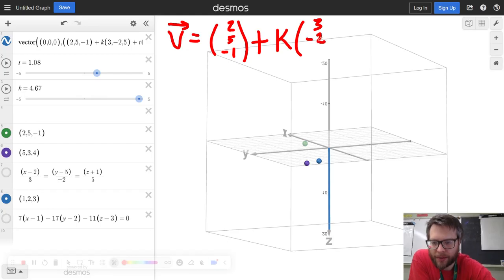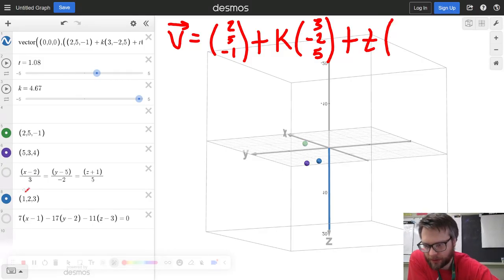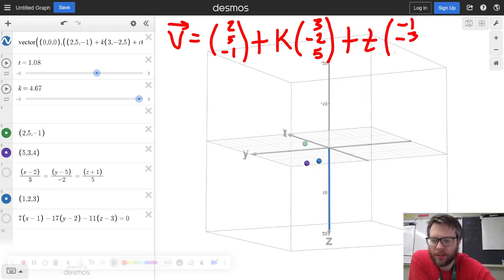So x goes up by 3, y goes down by 2, z goes up by 5, and they move t steps in the other direction. So from green to blue, x goes from 2 down to 1, so x goes down by 1, y goes down by 3 from 5 to 2, and then z goes up by 4. There we go, like that.